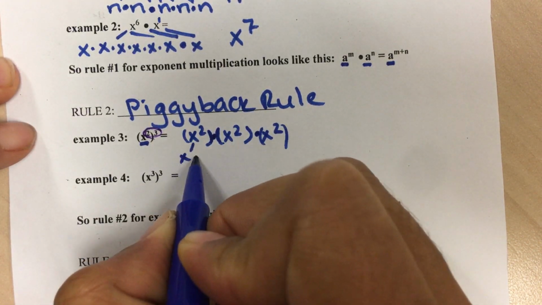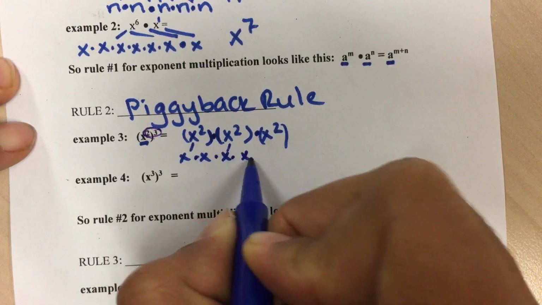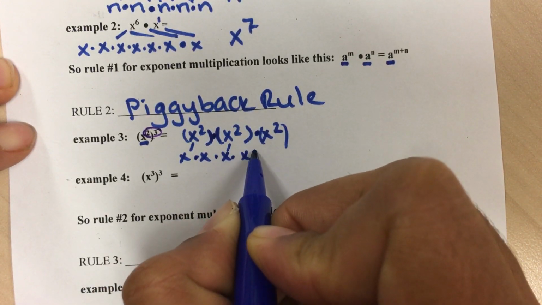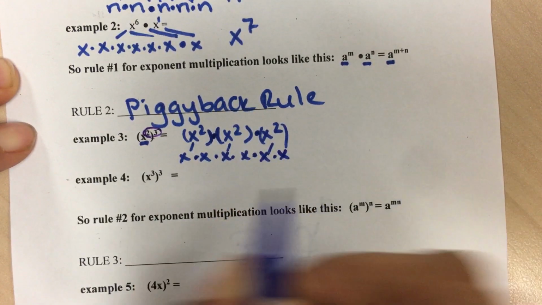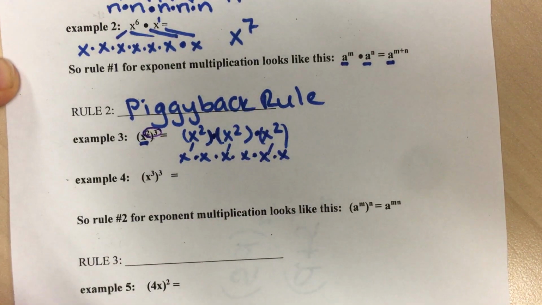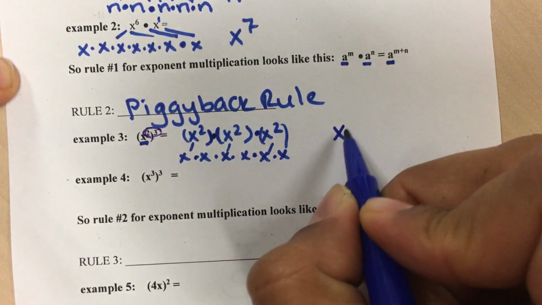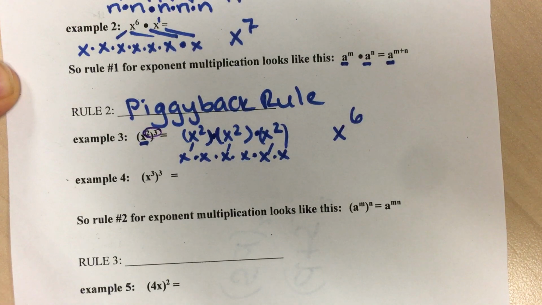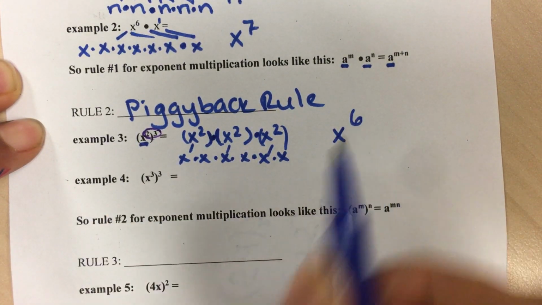It means x times x. Remember, all this is attached by multiplication. So in all, how many powers of x am I working with? 1, 2, 3, 4, 5, 6 powers of x. X to the 6th. Now let's see, what could I have done with that 2 and that 3 to get me 6?